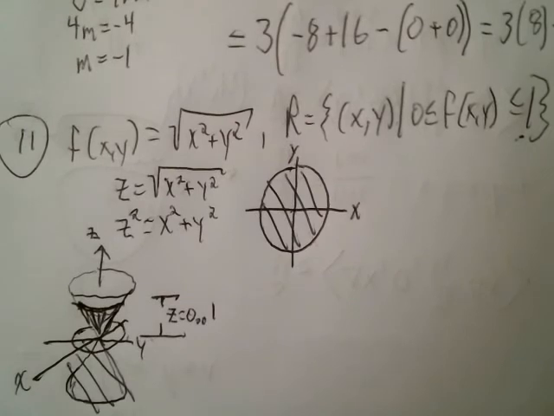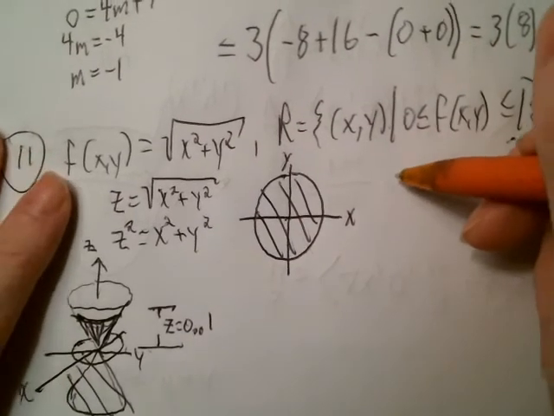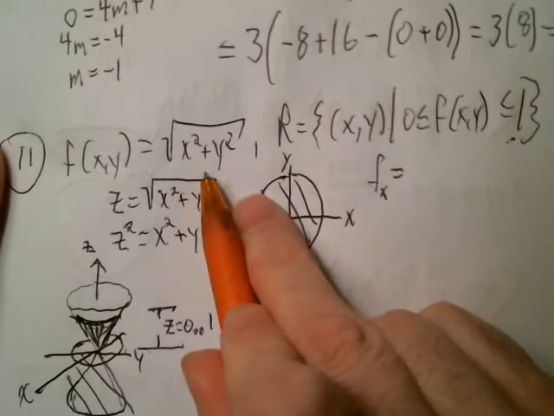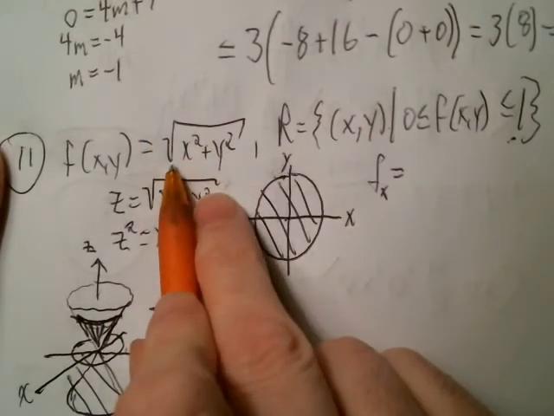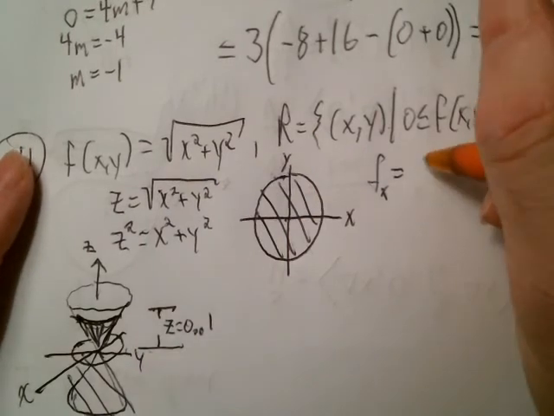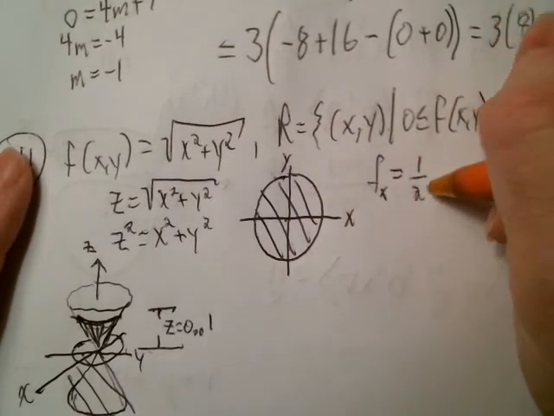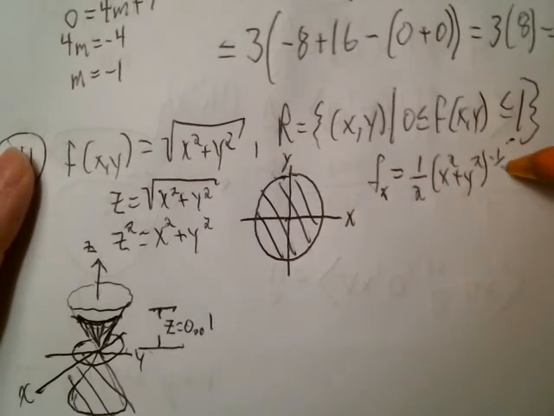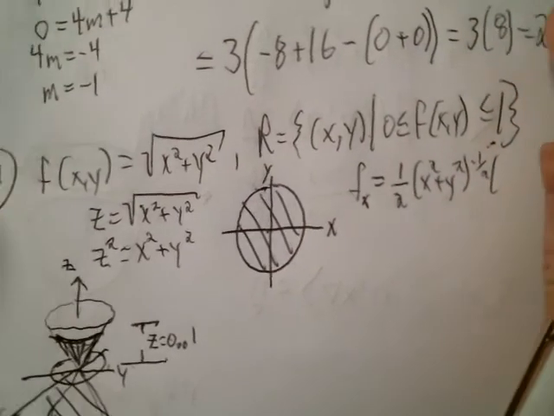So we need to get the partial derivatives to pull this off. So f with respect to x of this thing, right? Its square root can be thought of as an exponent of 1/2. So you bring down the 1/2, then you have (x squared plus y squared) to the negative 1/2 times, and you have to do a chain rule.